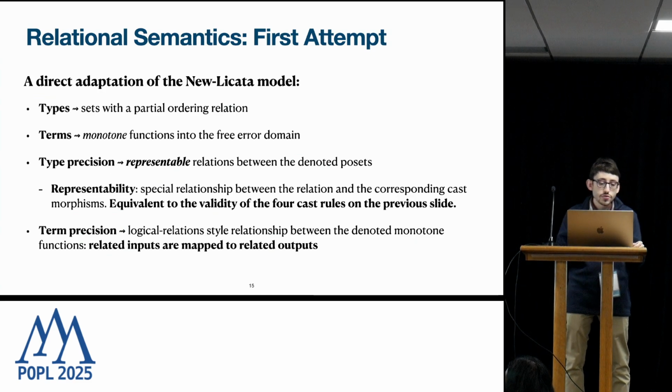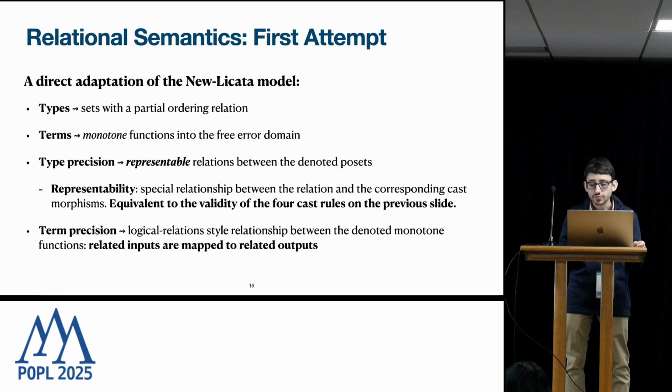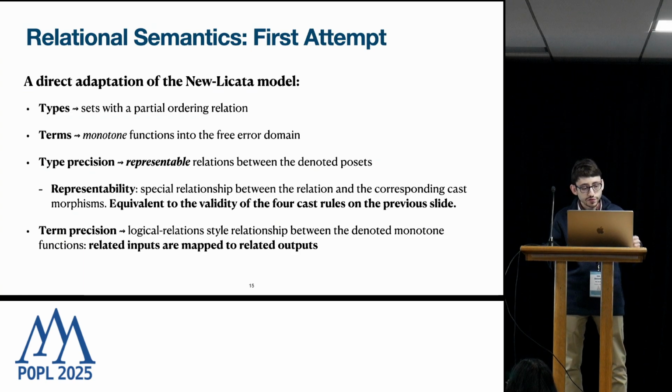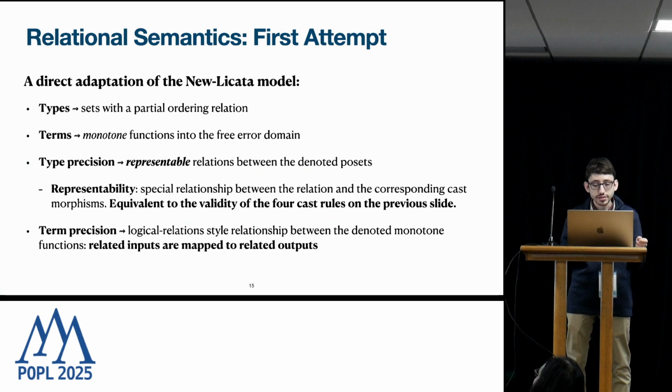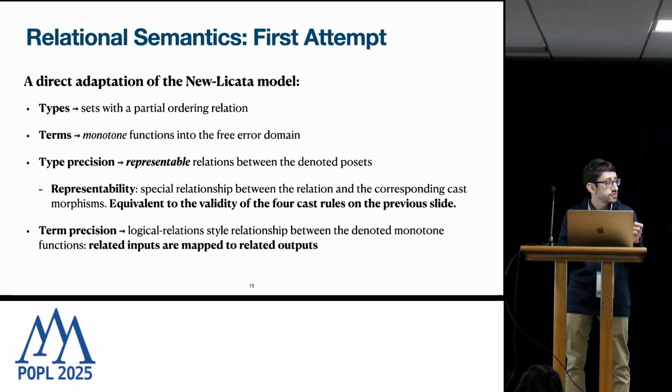So now let's look at how we might attempt to model type and term precision in our semantics. We'll base the semantics on the prior denotational model of New and Licata, but adapt it to the guarded setting as follows. So first, we'll model our types as sets with a partial ordering relation, representing term precision on values. Terms will then denote monotone functions into the error domain.